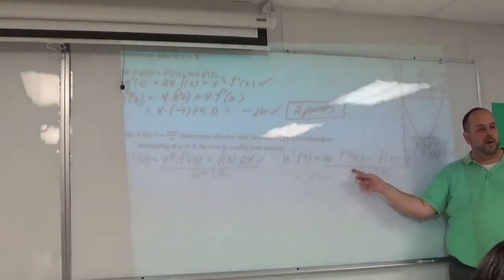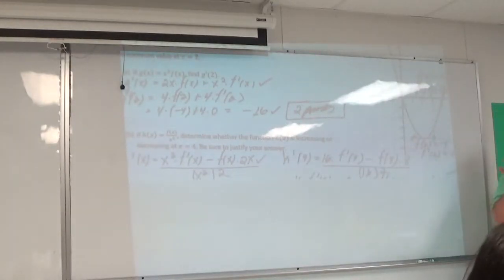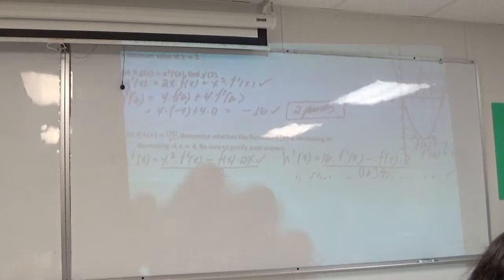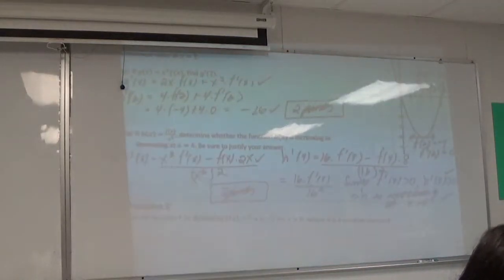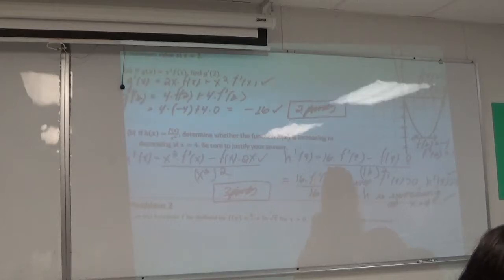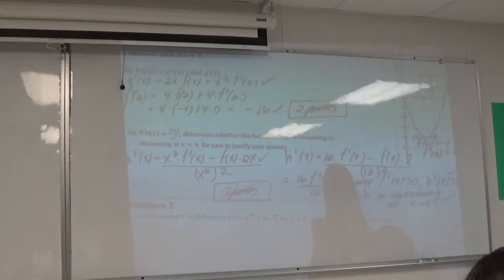Now, positive what, Chris? I don't know. I don't know positive what, but you know what? I don't care either. Here's what I know. 16 times a positive number is positive. Minus 0 times 8? 0. This part's 0, this part's positive. Positive divided by 16 squared is positive.